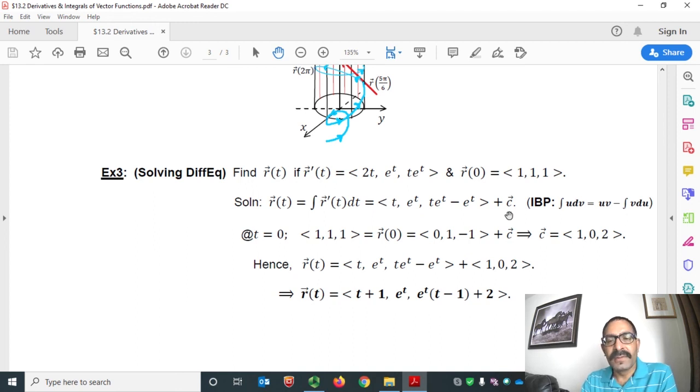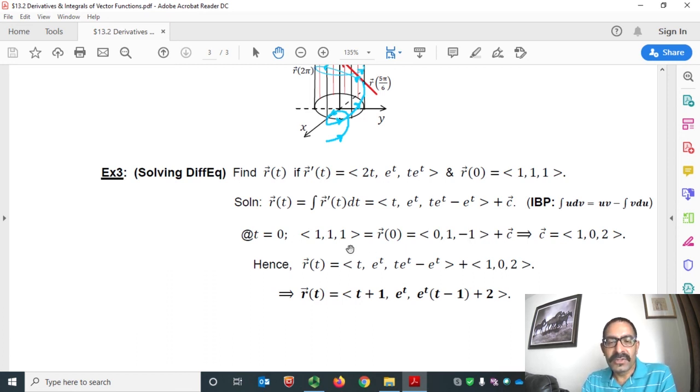In the next step, let's find the value of c using the initial condition when t equals 0. This is the vector given to us. This is t equals 0, so put t equals 0 here. t squared becomes 0, e to the 0 is 1, and this is 0. This gives you minus 1 plus c.